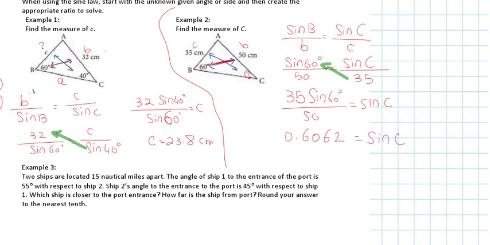Anytime you're finding an angle, what do you have to do? The inverse. So you have to do the shift. Okay? Eyes on the board, this is very important, because a lot of people think that when I get this answer, I'll just multiply by 100. No, we don't do that.